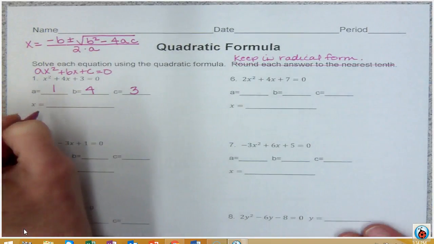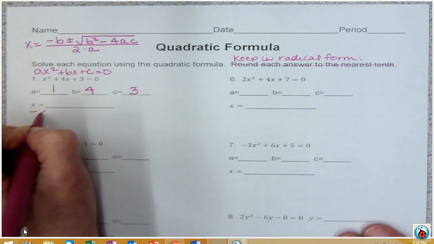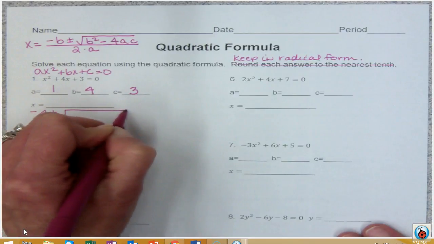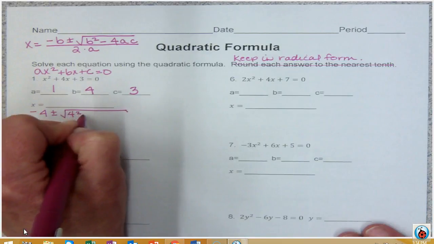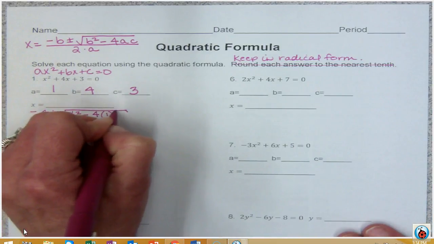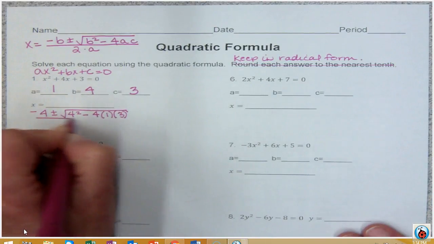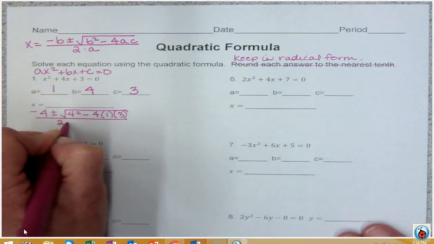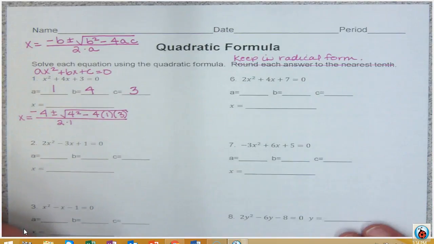Alright, so I've got negative b, which is 4, plus or minus the square root of b squared, 4 squared, minus 4a, which is 1, c, which is 3, all over 2a, which is 1.